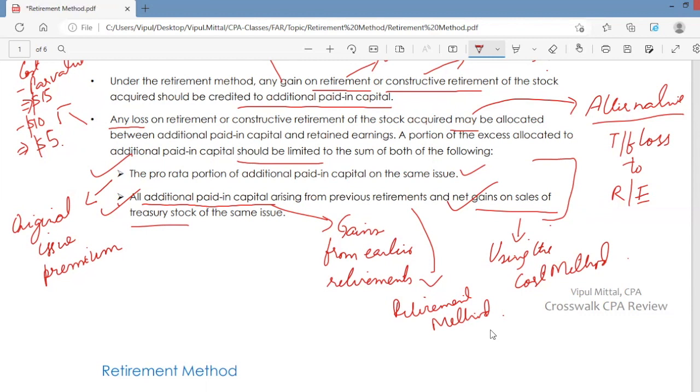So you will see, okay, what is the original issue premium? In this example, it is $2. And what is gain from earlier retirements? If there is any gain. In this case, the company purchased on February 10th and has a gain of $300. So this can be used. Let's see how we use this.